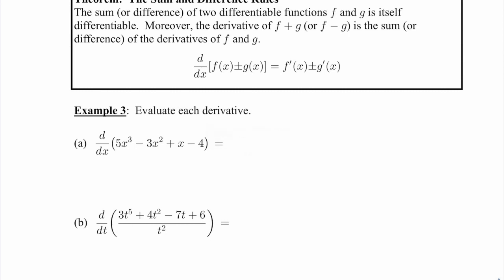Right, so we can say, well, this is the same as the derivative of 5x cubed minus the derivative of 3x squared plus the derivative of x minus the derivative of 4.